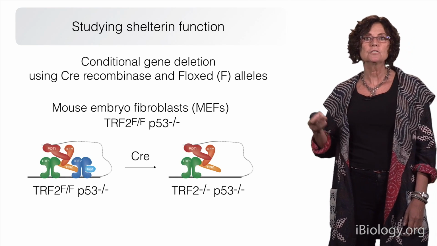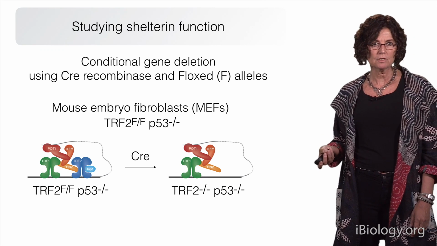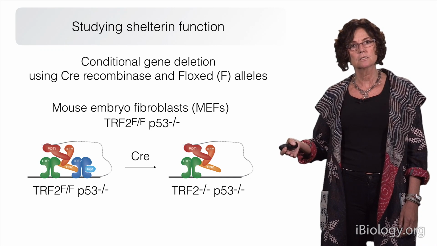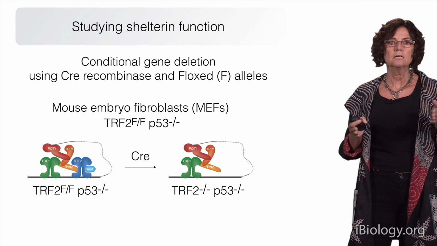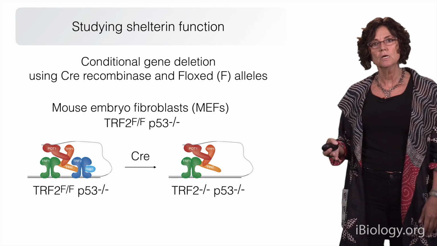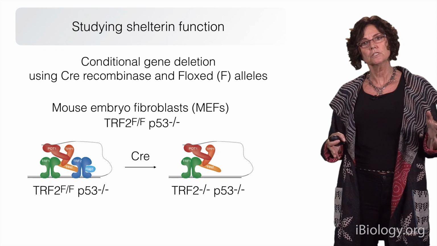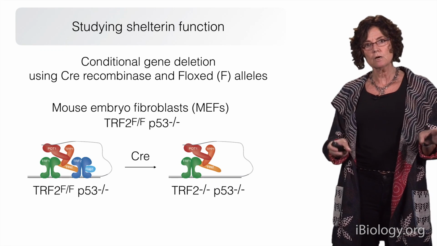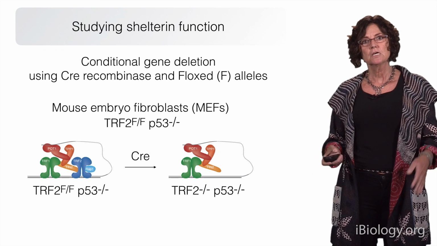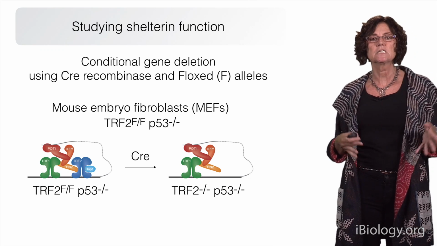But you can use conditional deletion in mouse embryo fibroblasts to remove components of the complex. And the way we do this is by using the Cre recombinase. The Cre recombinase can cut specific sites and make a deletion in the genome. So what we do is we take Shelterin encoding subunit genes, we put the Cre recombinase recognition sites in the genes, and then we have cells that contain what we call floxed alleles that contain these Cre sites in the gene.